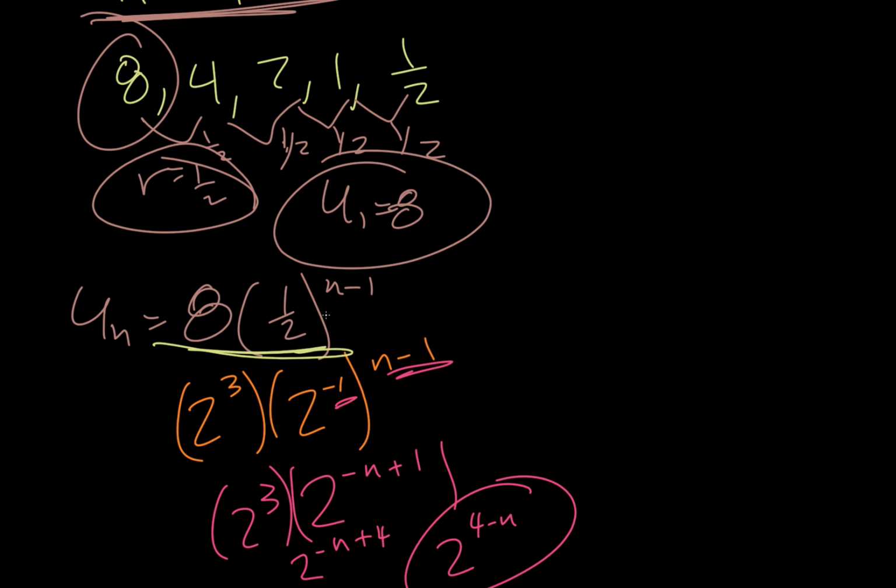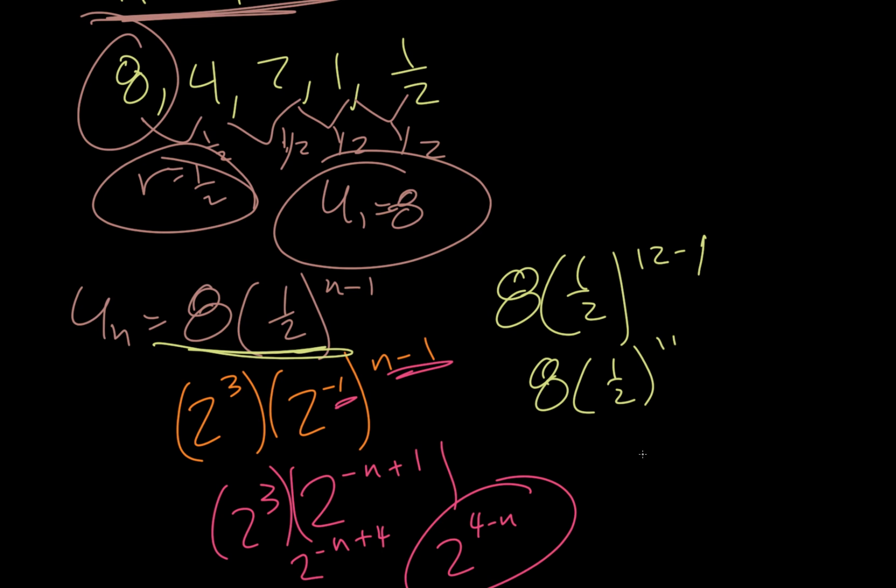And then it says, hence find the 12th term. So we can either plug in a 12 here, or we can plug in a 12 here. I'll plug it in here because I think most of you will prefer to use this one. Okay, so we do 12 minus 1, which is 11.